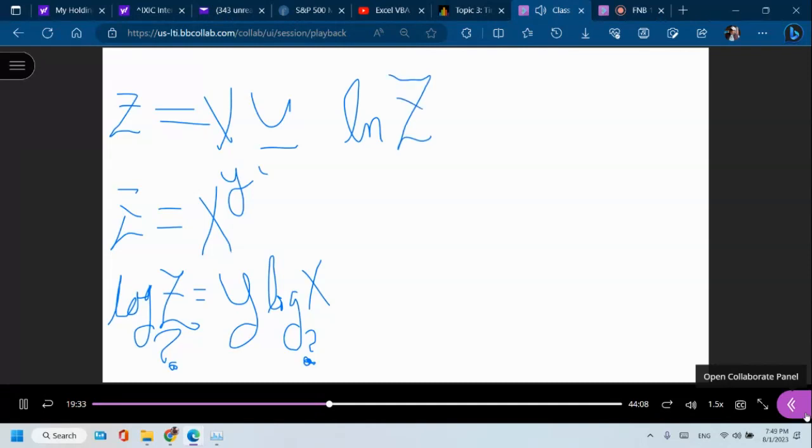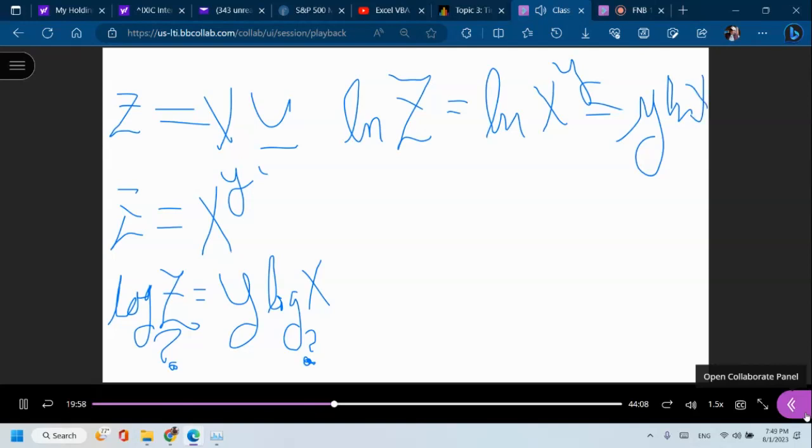If we take the natural log, because you can take the log of any random number, then it becomes natural log of x raised to y, which is again y times natural log of x. Okay, now I know it doesn't look very nice because it's very hard to write on the whiteboard using the mouse, but now you get the idea.